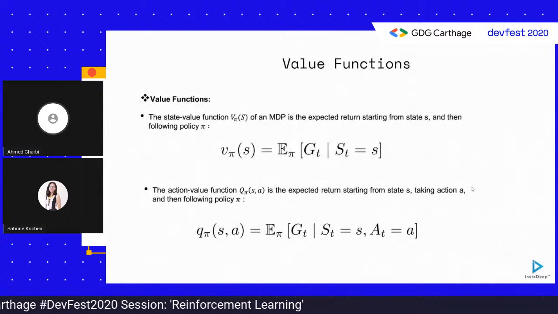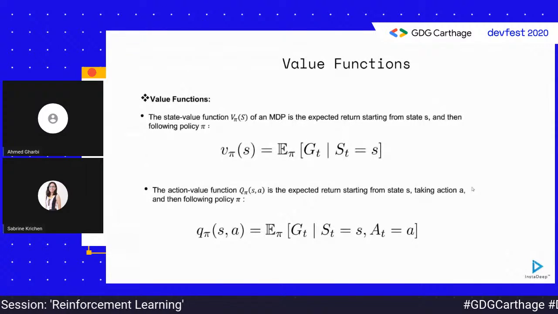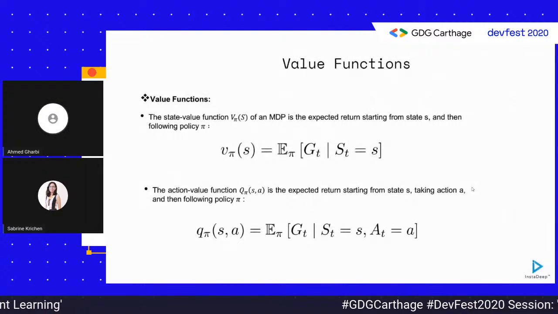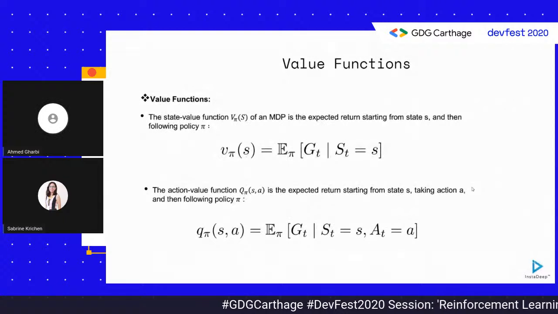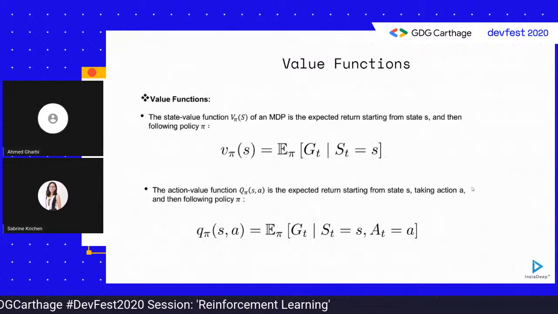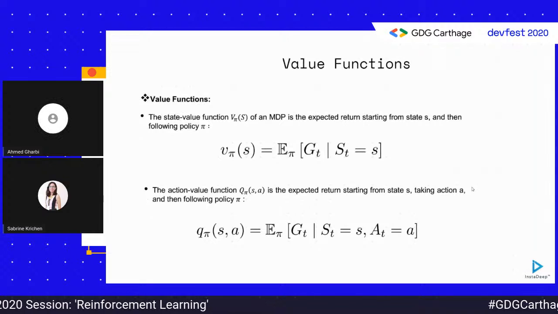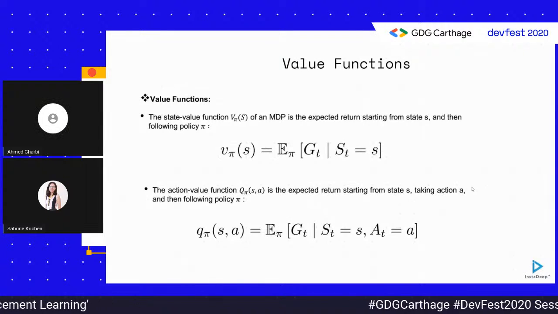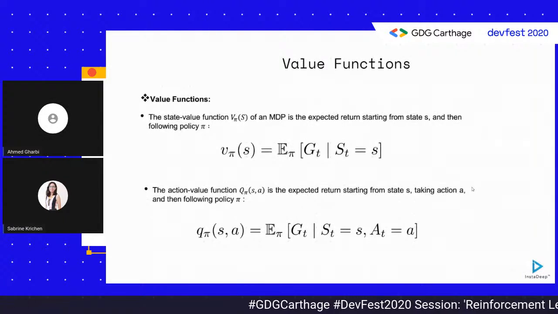Okay, so now we can introduce value functions. A value function is a function that attributes a value to each state. We saw earlier how a student can end up in different states. Well, now we want to give a value to each of these states.